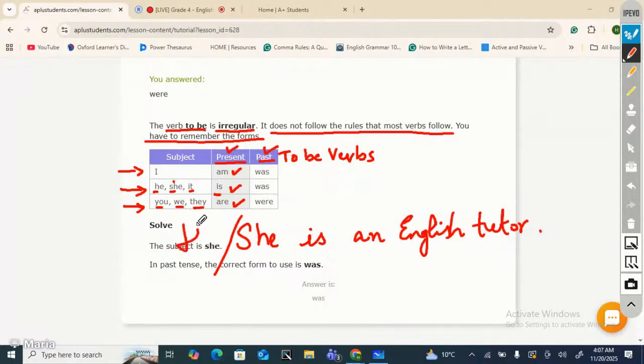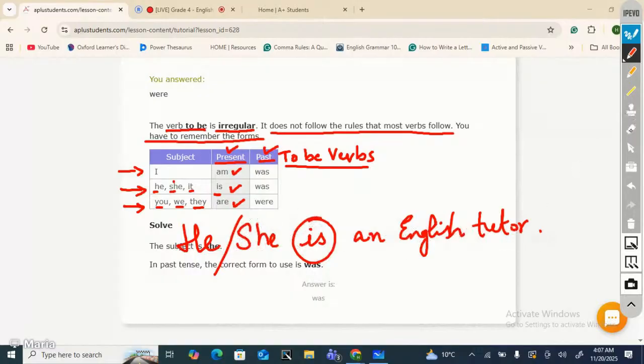If it is he again, use is. So, to be verbs are irregular. They change according to the subject of the sentence. Now, she is an English tutor or he is an English tutor.